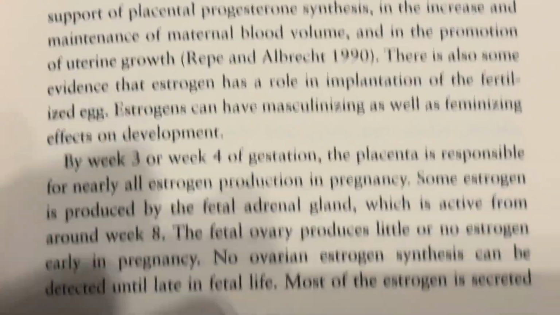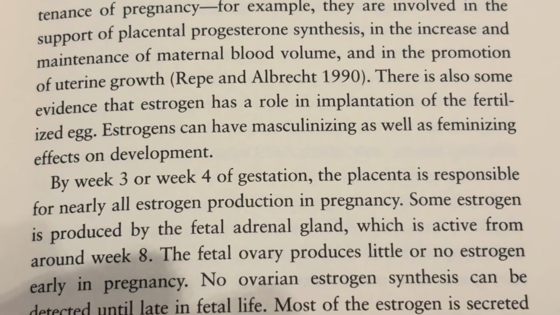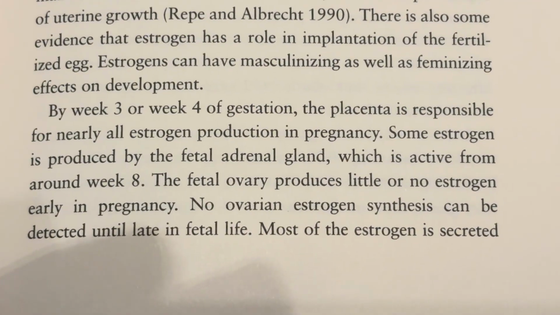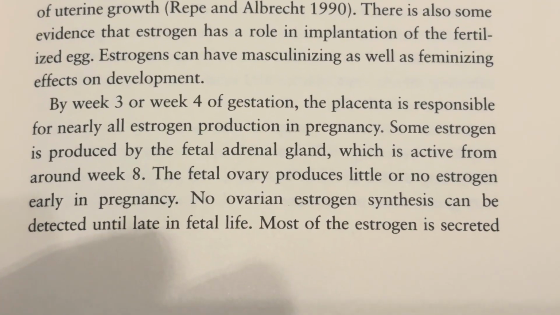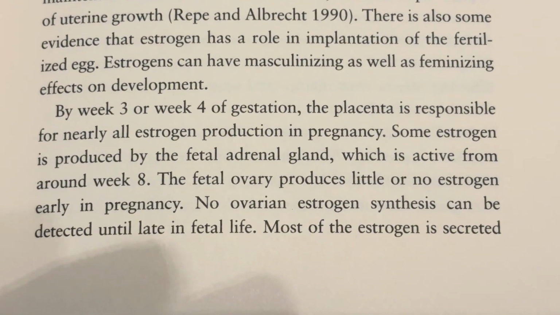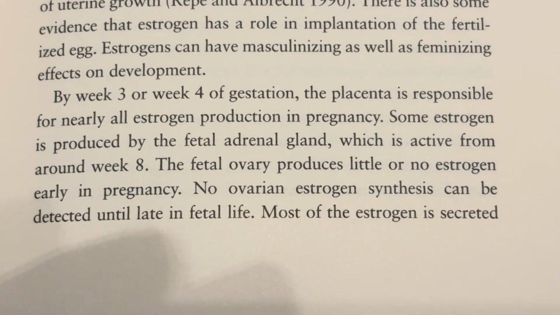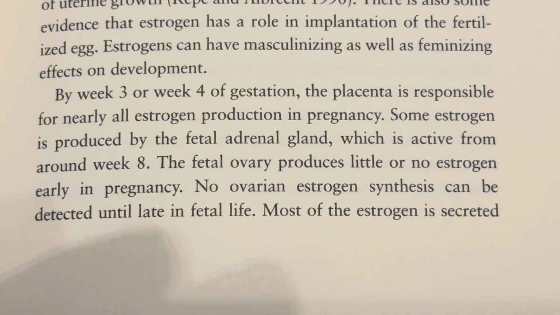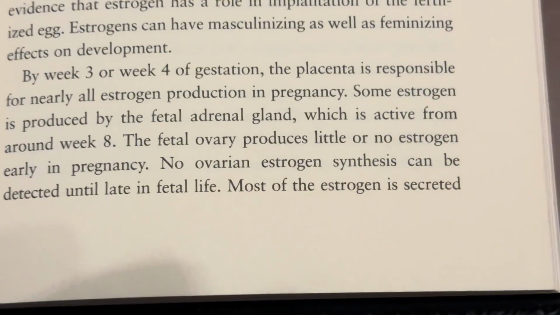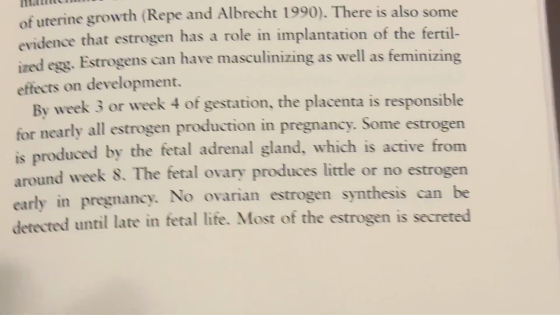Estrogens can have masculinizing as well as feminizing effects on development. By week 3 or 4 of gestation, the placenta is responsible for nearly all estrogen production in pregnancy. Some estrogen is produced by the fetal adrenal gland, which is active from around week 8. The fetal ovary produces little or no estrogen early in pregnancy.